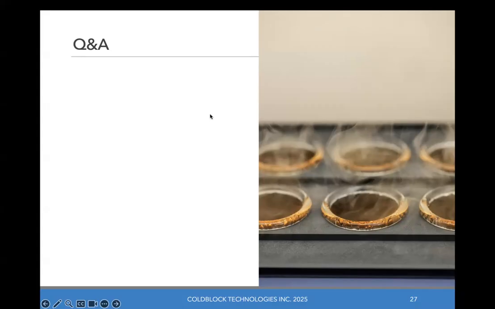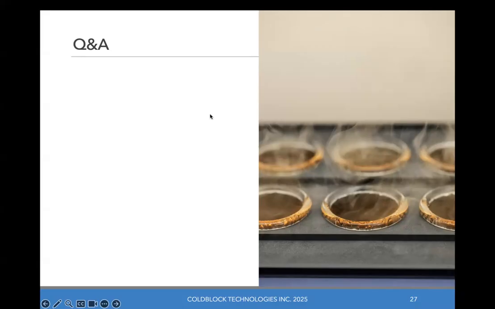So yeah, a lot of work there. You'll see a lot of it on our webpage. That's kind of our bread and butter and really where we got started as a business. It's why we developed our strong acid digestion method, which does use HF and led to the development of those test tube liners that I spoke about previously. So yeah, everything from precious metals to base metals to lithium, rare earths can all be digested using ColdBlock.